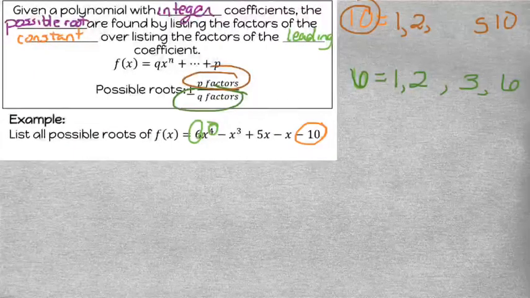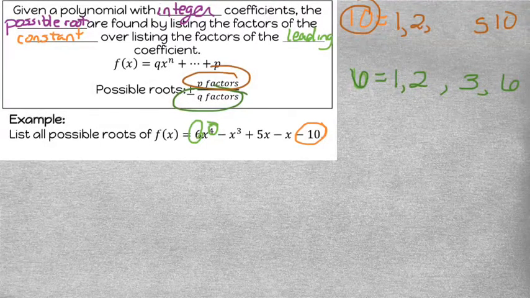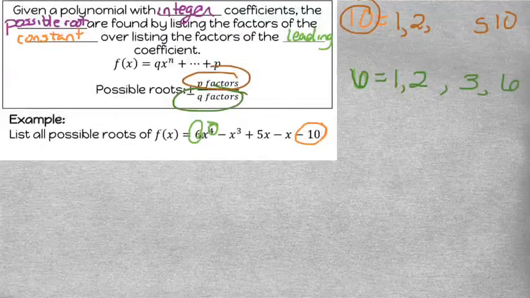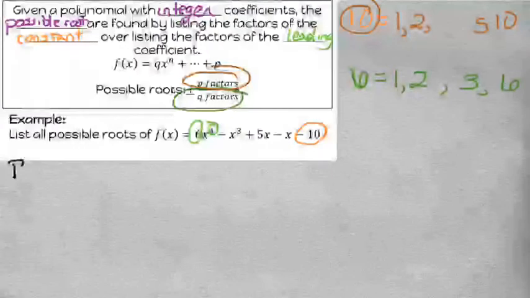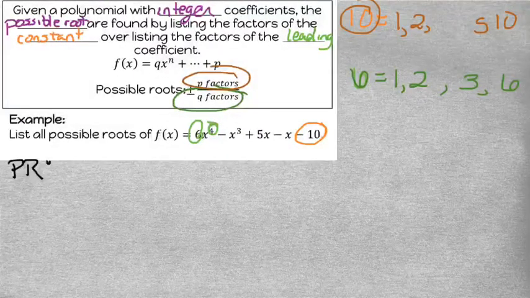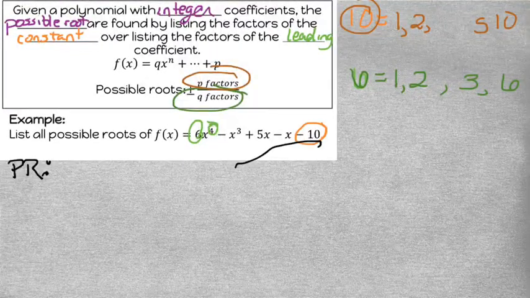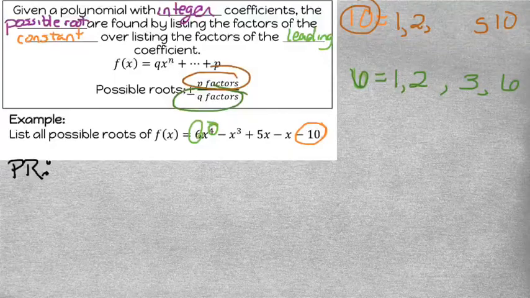And so we are going to make a list of a lot of possible roots. I am going to call my possible roots PRs. And then I'm going to list. Every single thing in this list is going to have a plus or a minus sign in front of it.